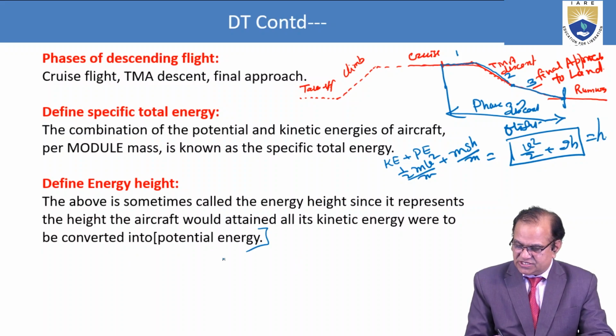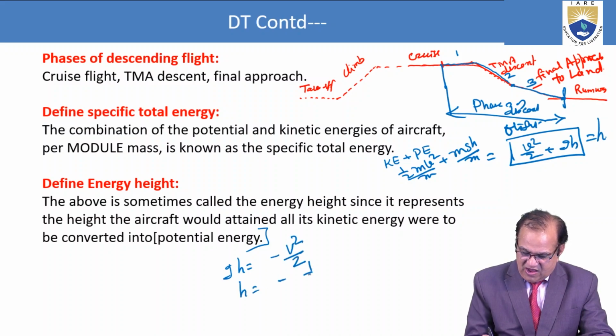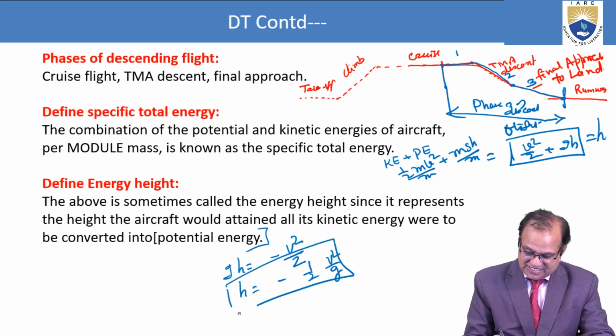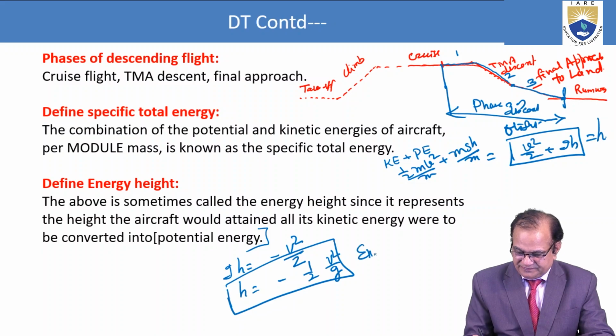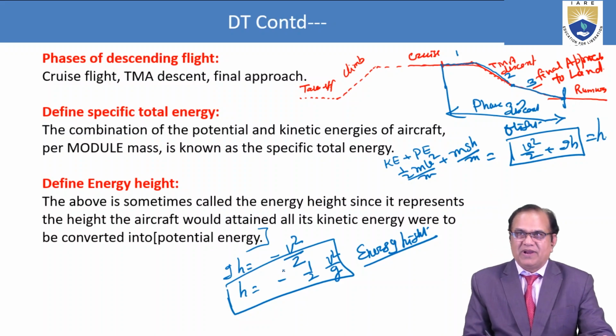So in this case, g h is equal to minus v square by 2, so h is equal to minus half v square by g. So this is called the energy height. It depends upon this. If it is falling down, it will be minus. If it is going up, it will be plus.